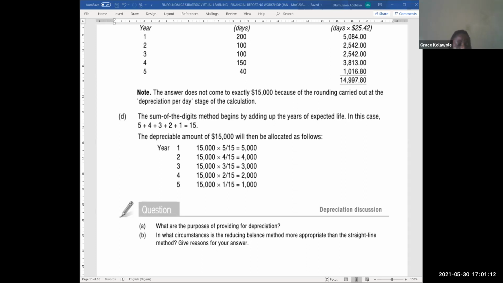So that is one of the reasons why, and it's better to make provision for it at the earliest years than the later years when the performance of the asset might have reduced.